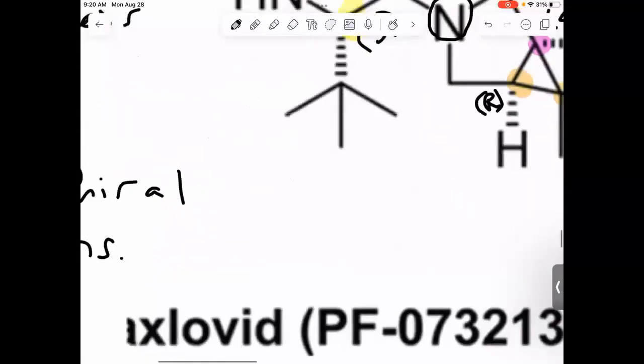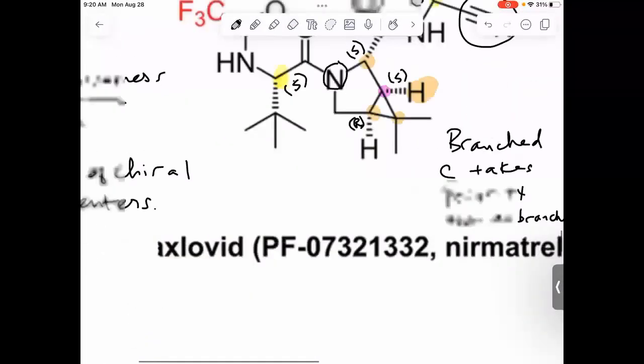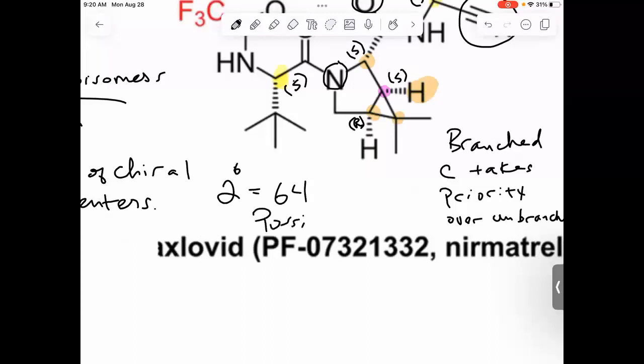Right, so in this case, it would be 2 to the 6, wouldn't it? So that's 64 possible stereoisomers. 64.